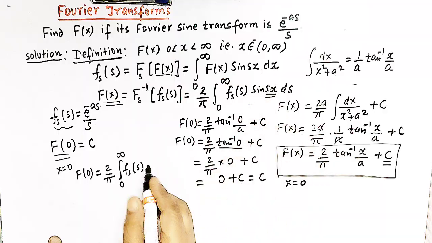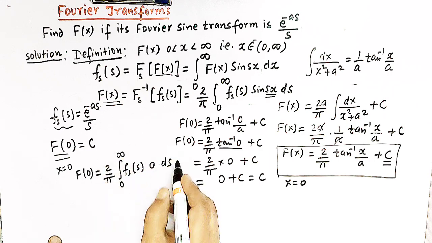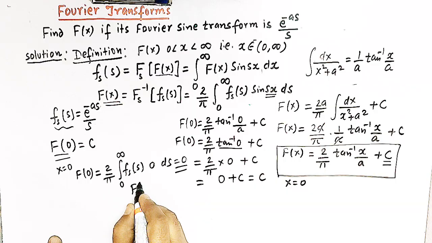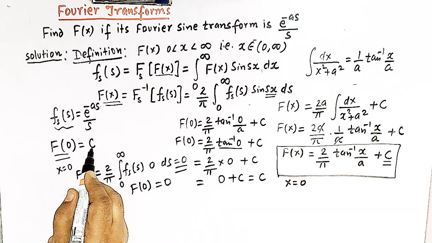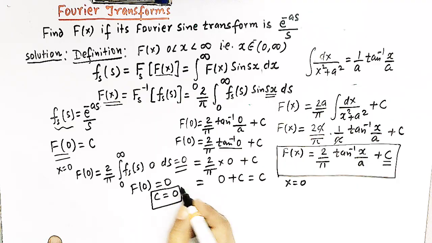So sine 0 is equal to 0, and here we have a ds. So this entire term reduces to 0. So f of 0 is equal to 0, and f of 0 is equal to c. So therefore by these two expressions, the value of the constant of integration c is equal to 0.